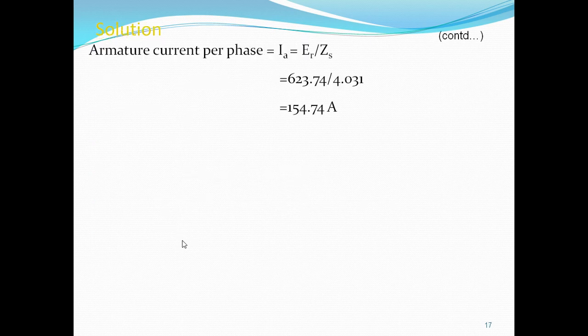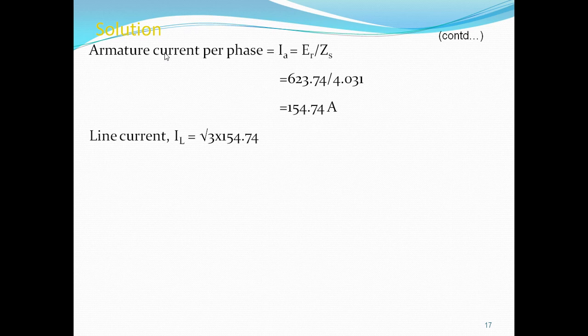So armature current IA is equal to ER by ZS. ER we just calculated, 623.87, divided by the impedance 4.03 ohms, and its value is 154.74 amps.